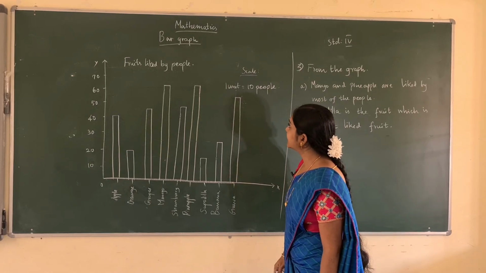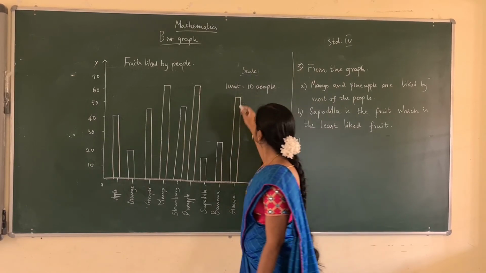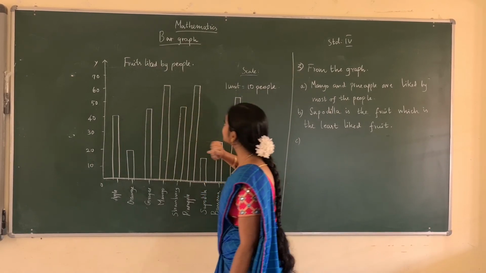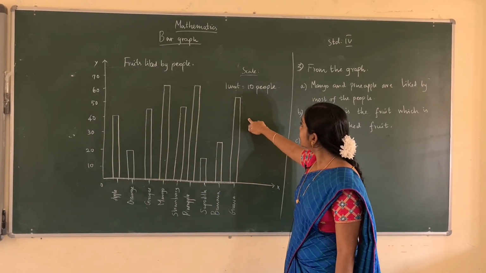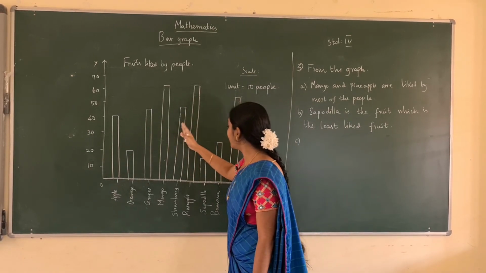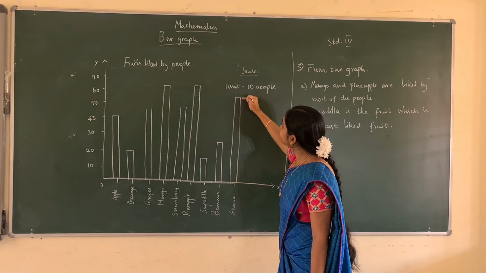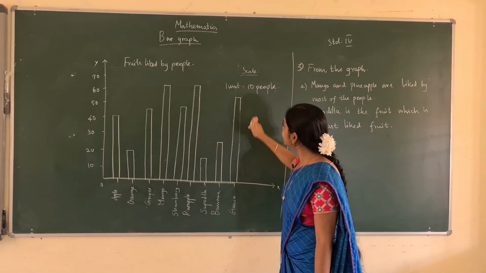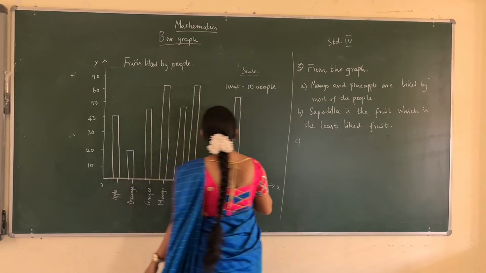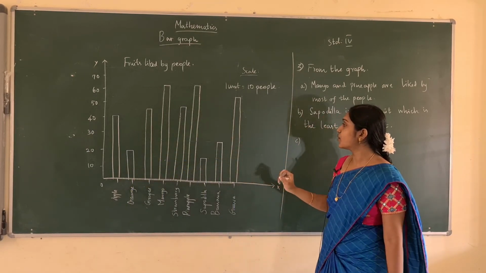Next you can see that next to mango and pineapple, the most liked fruit is guava, because other than mango and pineapple, guava has the maximum height. So we can say that next to pineapple and mango, the most liked fruit is guava.